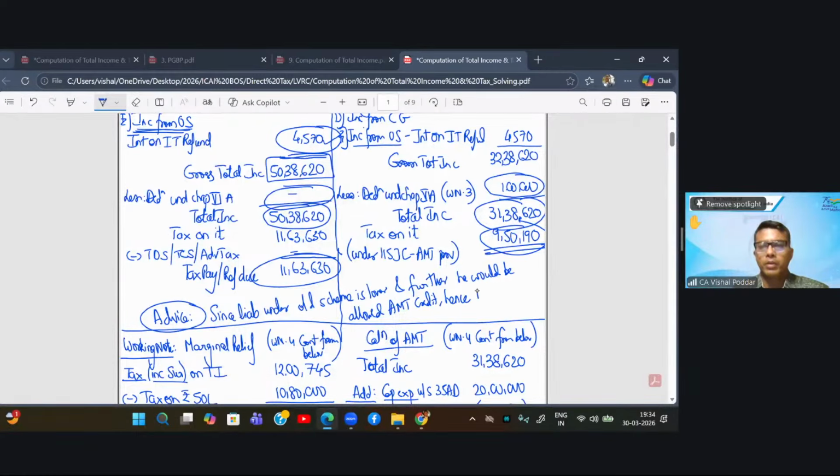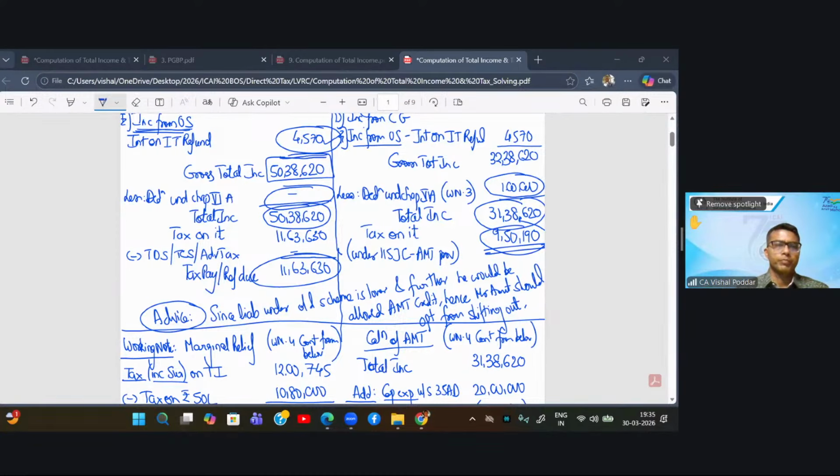Hence, Mr. Amit should opt for shifting out, that is going in the old scheme, right?